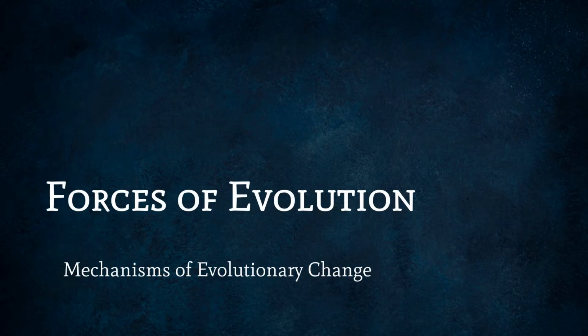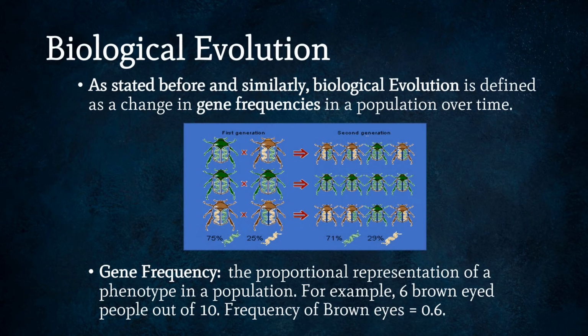So here we are now moving on to forces of evolution. Reviewing again, because it's very important, and I've said this a lot this semester, biological evolution is defined as a change in gene frequencies in a population over time. A gene frequency is a proportional representation of a phenotype in a population.